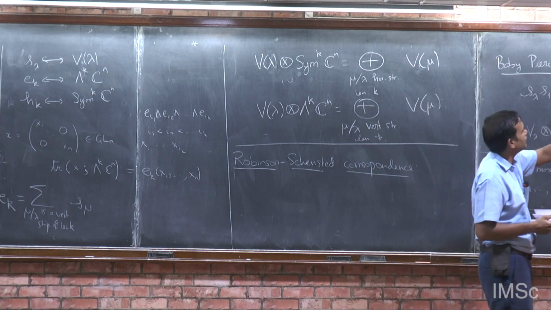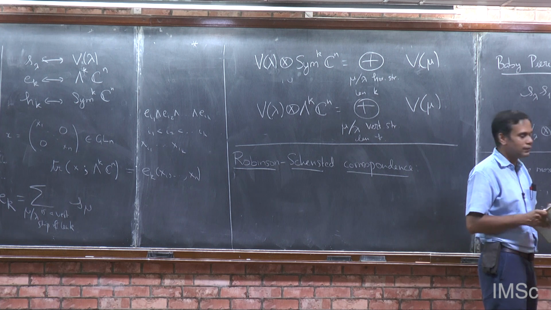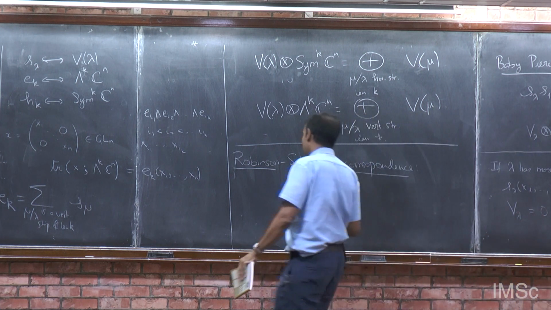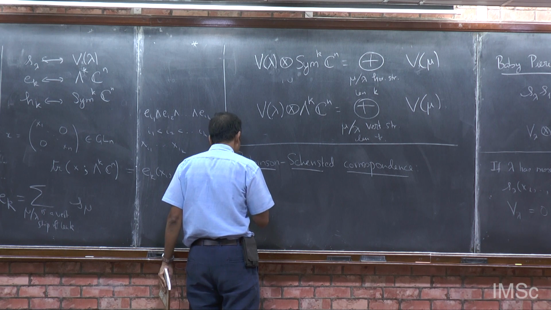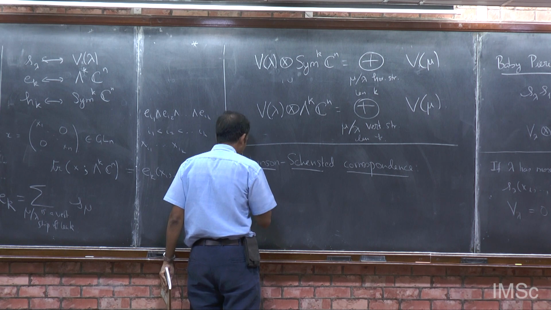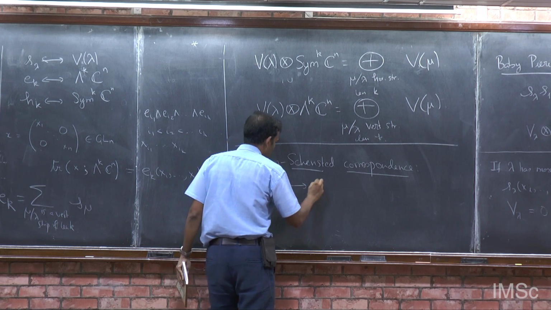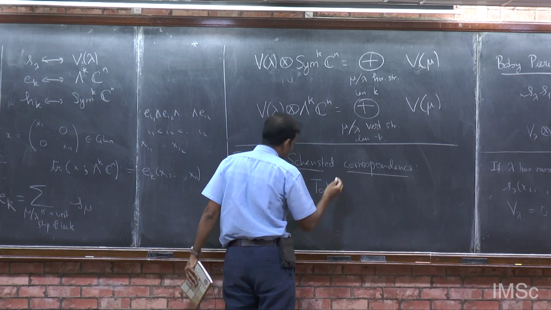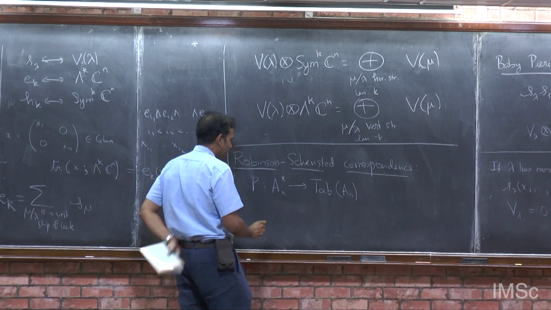We are not inserting a row in this case. Suppose we just take, so let me define two functions. One is called P, from A_n star to tableau of any shape. How is this defined?